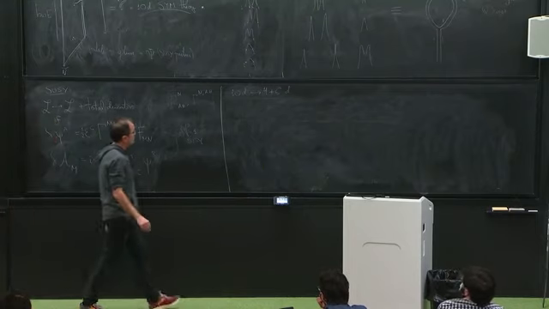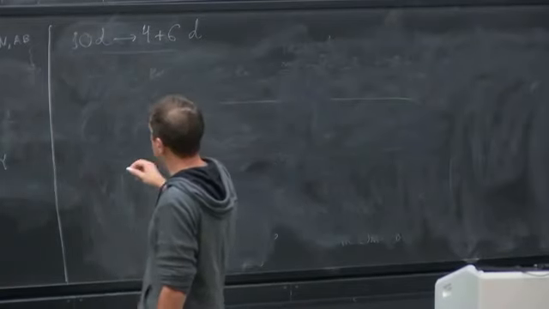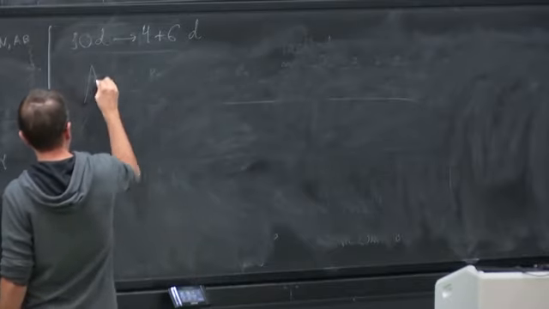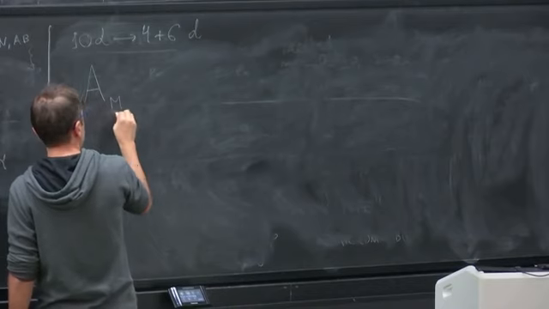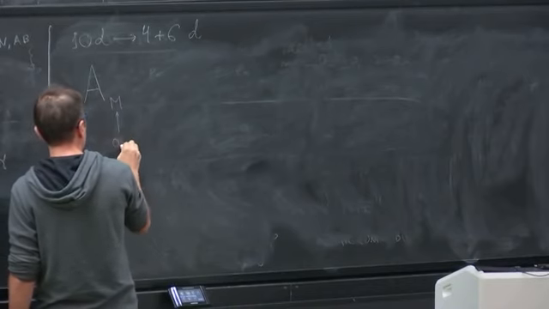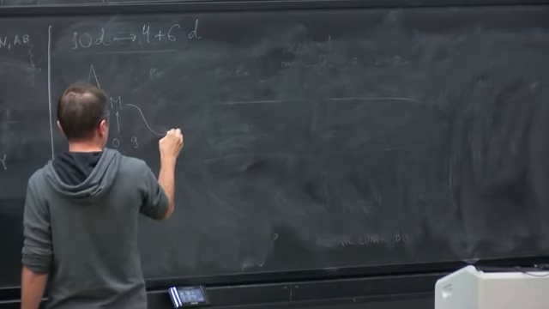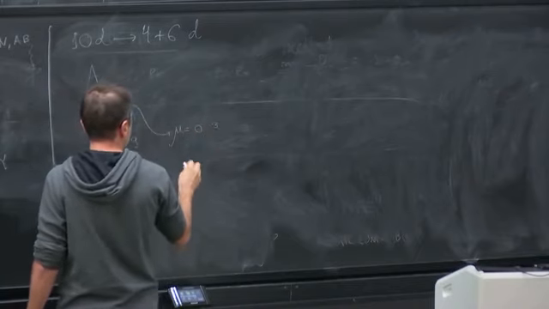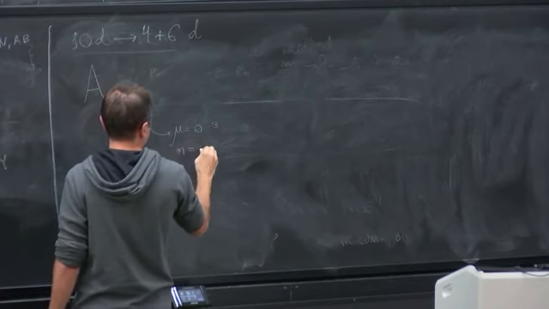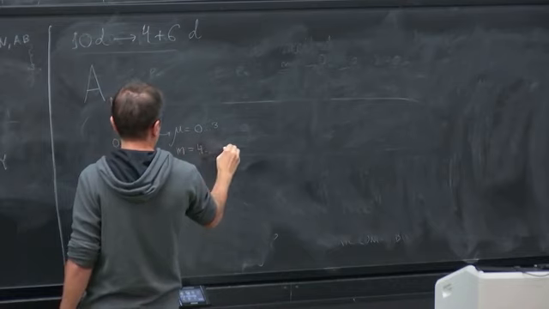Now, how do we go from 10D to 4 plus 6D? Let's start with a simple example. When we have an index M that runs from 0 up to 9, we separate this index M into μ that runs from 0 up to 3, and m that runs from 4 up to 9.